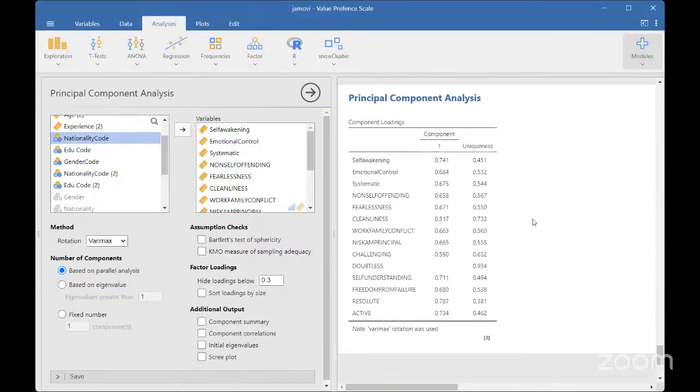So if we want to understand what is the meaning of path-oriented values, then we can do this thing. Or we can do the exploratory factor analysis. Okay, now you click the assumption check.